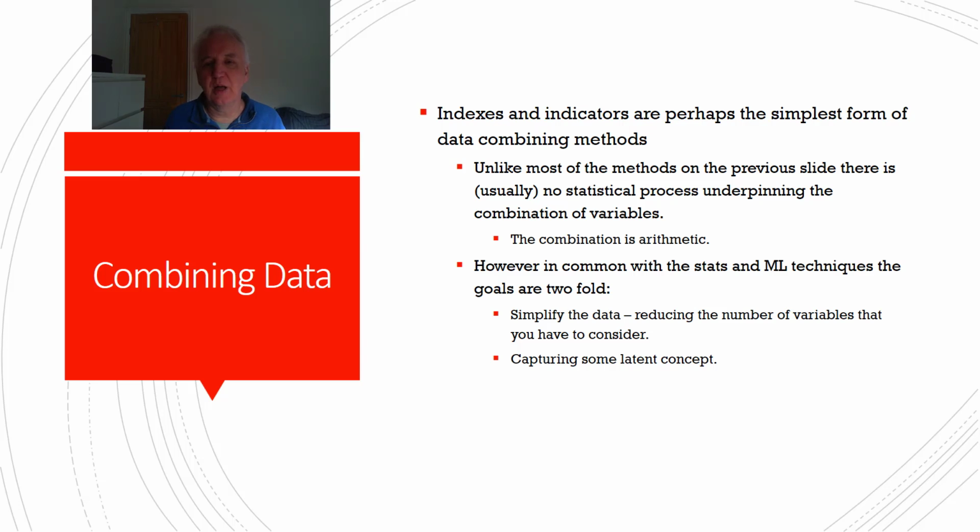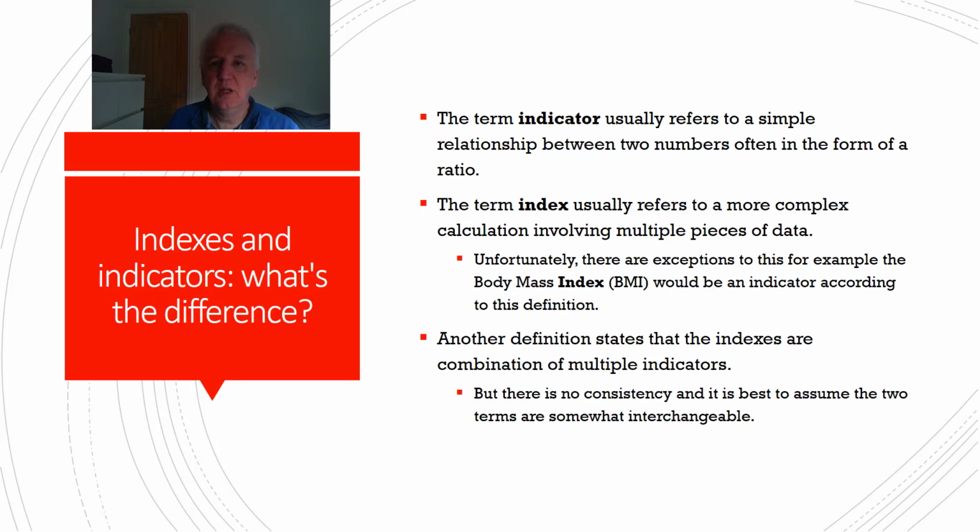So where you've got a number of observed variables which relate to a certain topic, somehow combining them can get at that topic, the latent concept. The term indicator usually refers to a simple relationship between two variables, often in the form of a ratio.